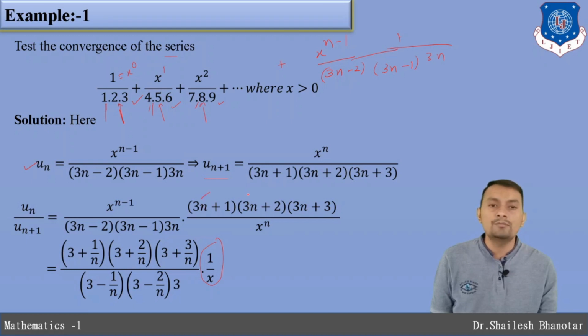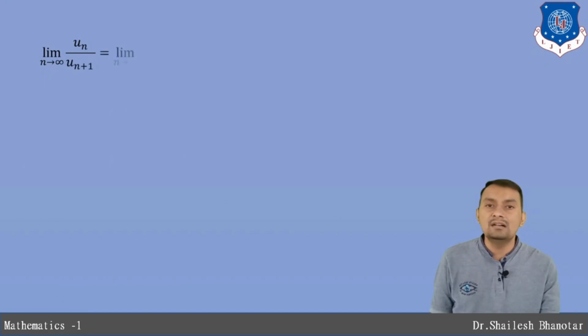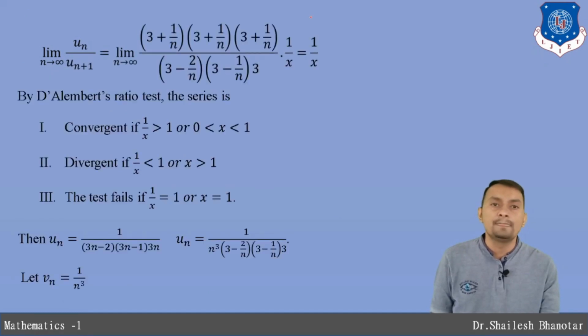Now just take n common from here, and again n common, again n common, so you will get n raised to cube, that will cancel out. And when you apply the limit, you will get 1 divided by x.